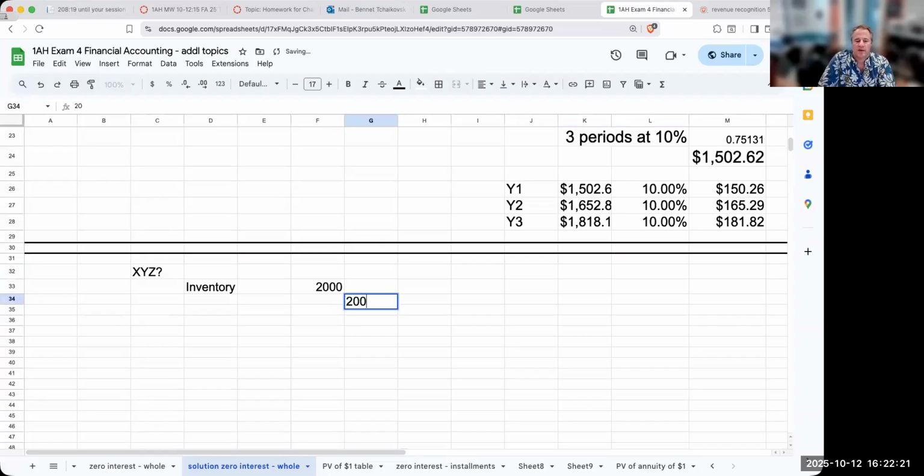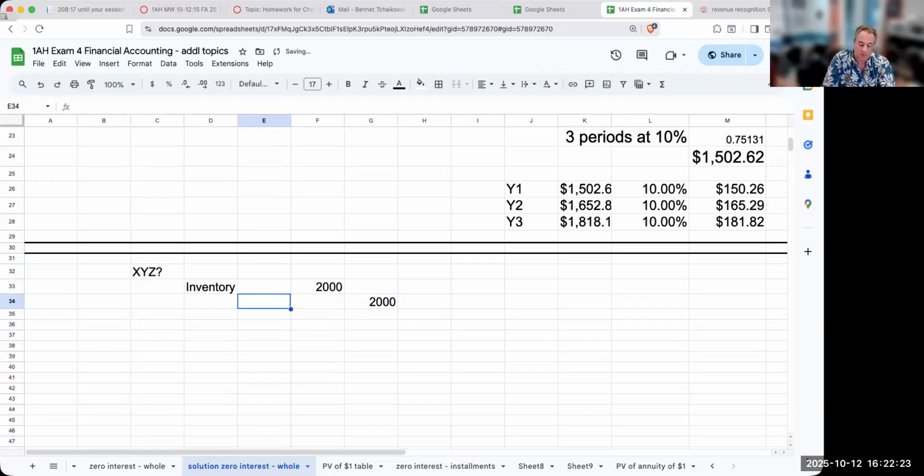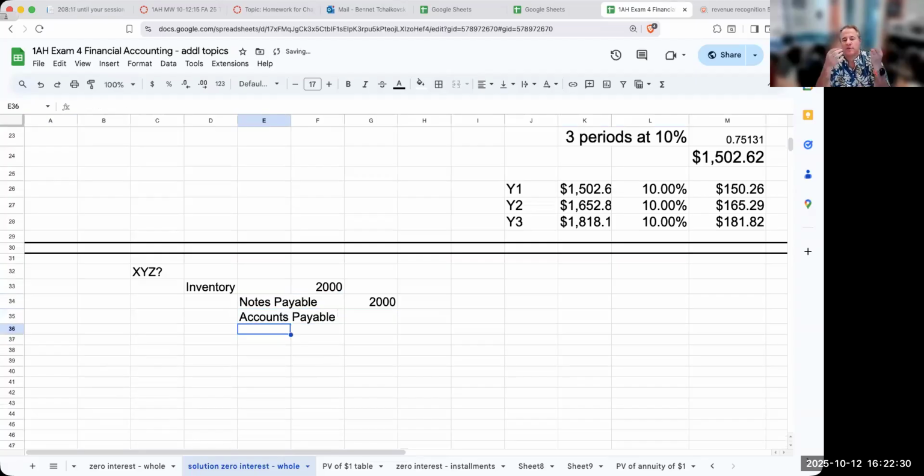I'm paying $2,000 for inventory and I'm crediting notes payable or accounts payable. Now, remember, I would probably phrase this as they would sign a note, because when you think of accounts payable, there's a consideration that it's going to be a current liability. However, this is not being paid for a period of 3 years, right? So we're just doing the opposite side of the transaction.